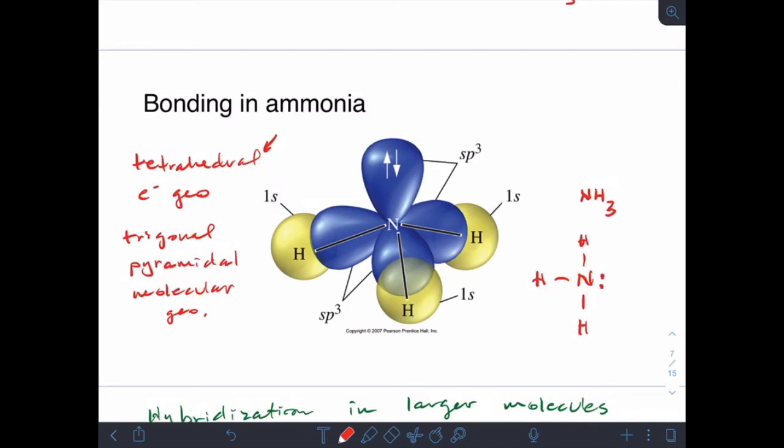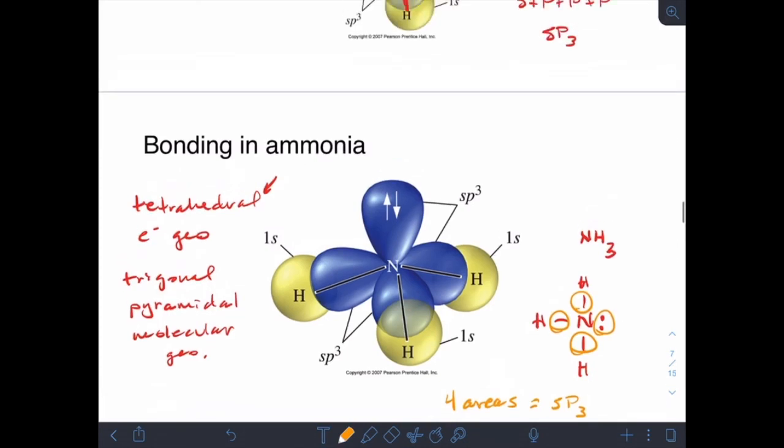Again, determine how many areas of electrons you have. Let's change the color a little bit. So I've got 1, 2, 3, 4 areas, which equals sp3. So your molecular geometry does not determine hybridization.